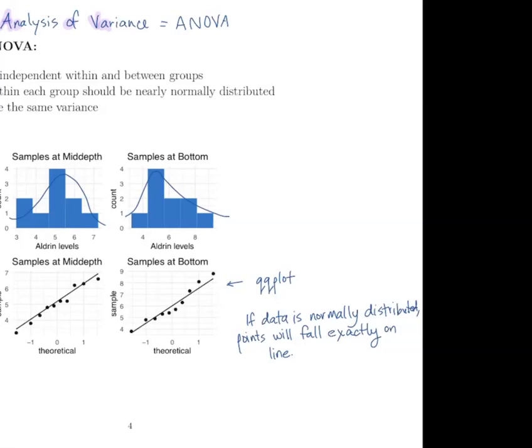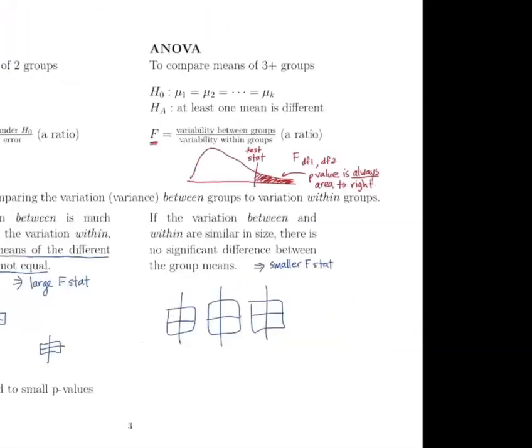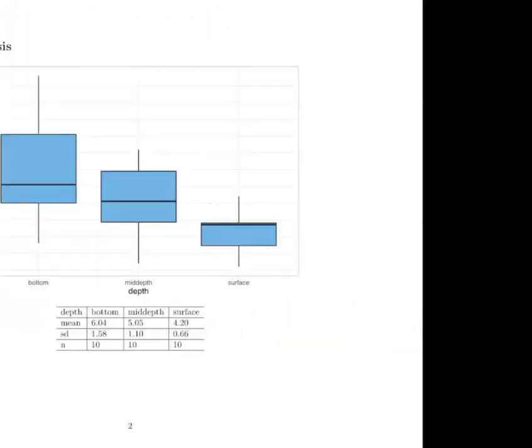The last assumption that we haven't talked about for ANOVA is that all the populations have a similar variance. So maybe I'll go back to our side-by-side box plots here. This one definitely has a bigger variance than this one and this one. Look at these standard deviations. Those numbers aren't exactly the same, the sample standard deviations, but they're not dramatically different.